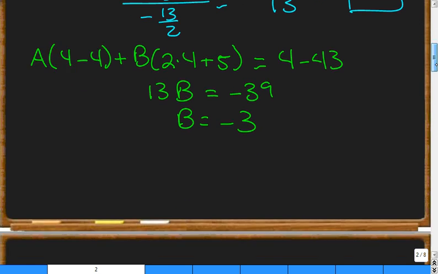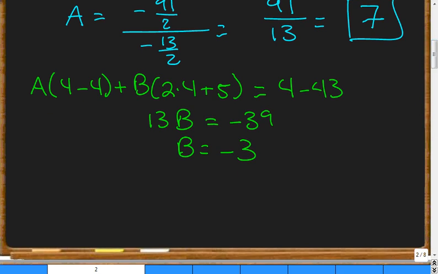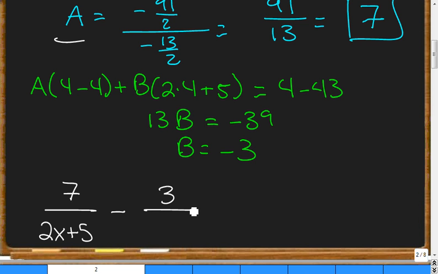So all in all, what we're going to have here is our A value, which is 7. So we're going to have 7 over (2x + 5) plus negative 3, which we can change to a minus 3 if we want, it works the same way, over (x - 4).